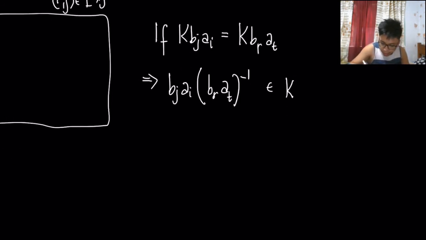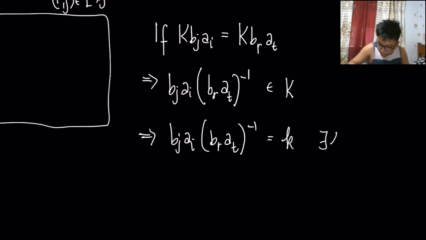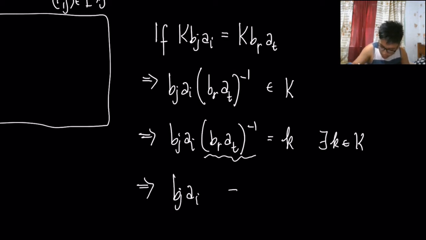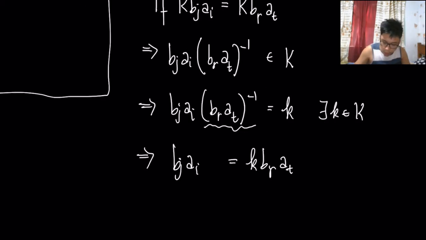So what does it mean? Since this is an element of K, I can equate it to some k in K. So I can multiply the inverse of this to the right, and I have b_j a_i equals k b_r a_t. What's the implication here? Observe that b_j, a_i and k here are elements of H. Why?